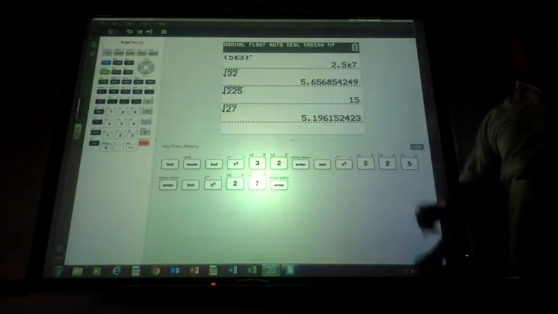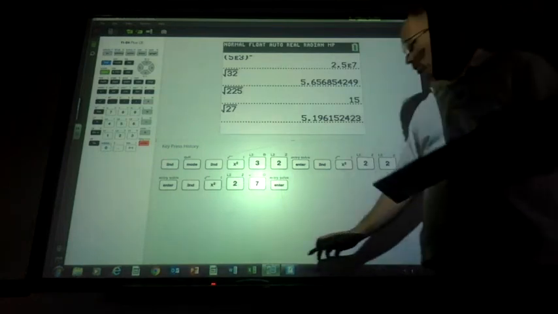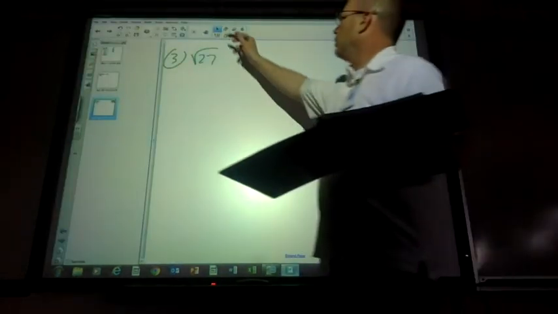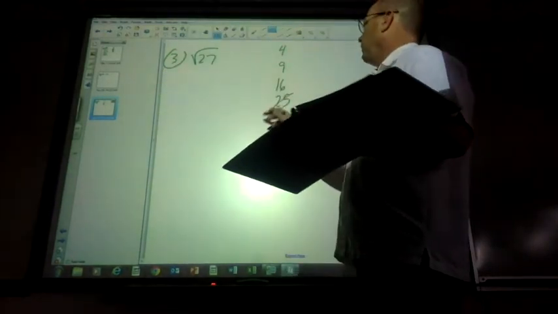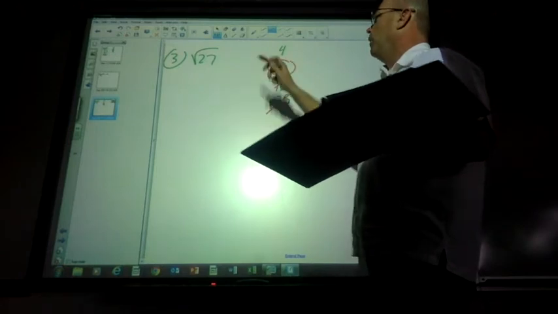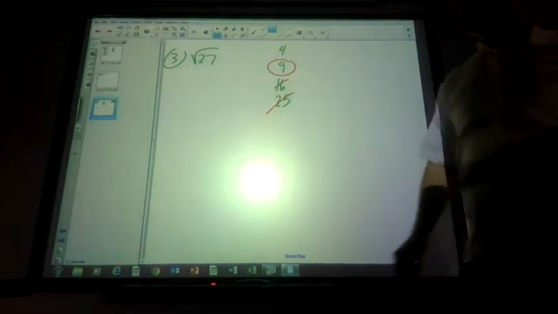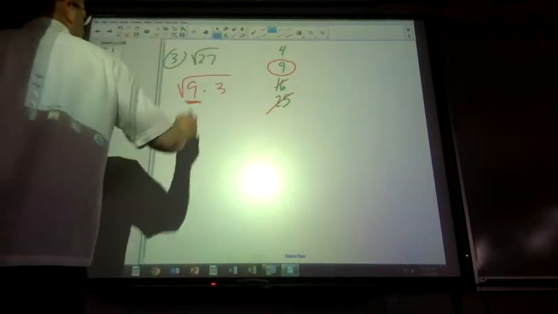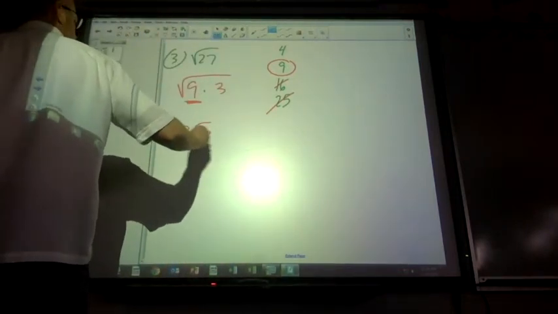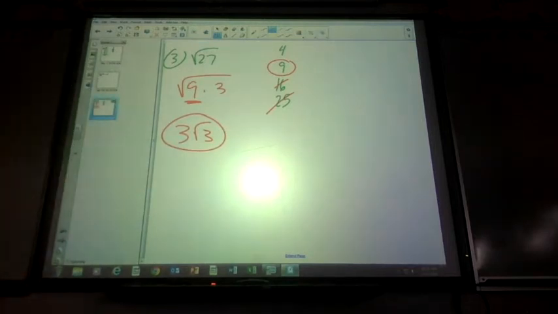So that's not a perfect square, so let's figure out how we can break it down a little better. 4 is a good perfect square, 9, 16, 25, that's probably as far as we need to go. 25 won't work, 16 won't work, but 9 will. 9 times what gives me 27? 9 times 3. So I get root 9 times 3. The square root of 9 is 3. So I get 3 square root 3 as my exact answer. Any questions on those?